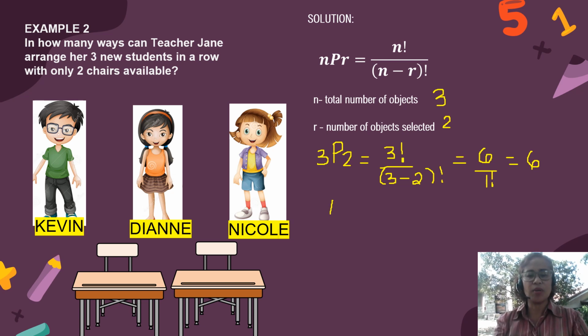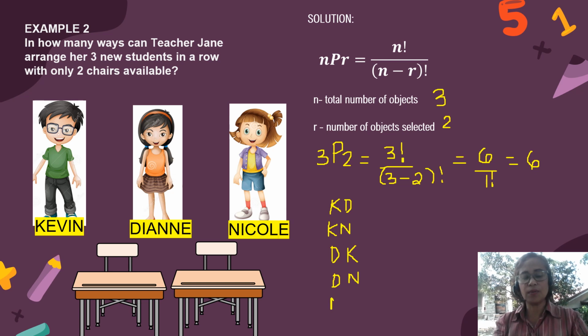Now let us check by listing. So, Kevin, Diane. Remember, there are only 2 chairs. Kevin, Nicole. So, second arrangement. Third is Diane, Kevin. Diane, Nicole.